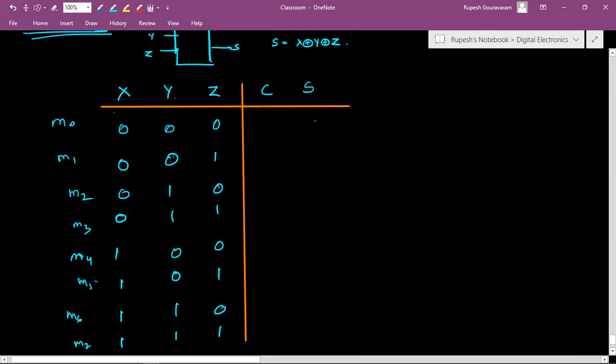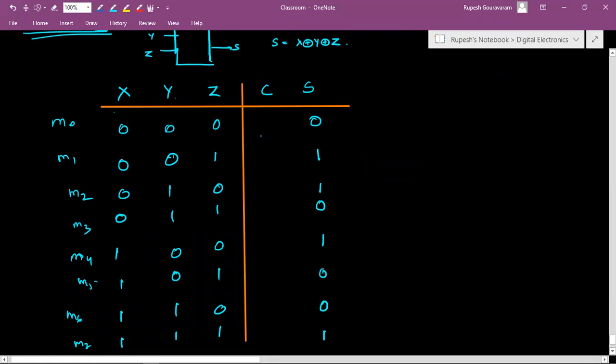So this will be 0 because 0 XOR 0 is 0, and 0 XOR again with Z, which is 0, is 0. 0 XOR 0 is 0, 0 XOR 1 is 1. So similarly, this is also 1, this is 0, and this is 1. This is 0, this is 0, and this is 1.